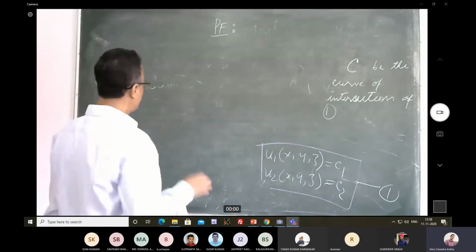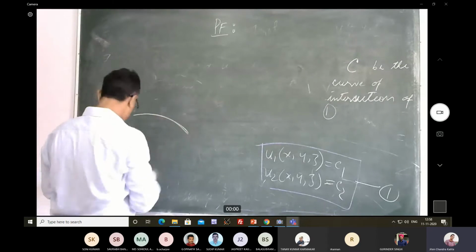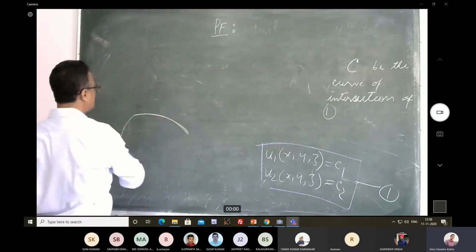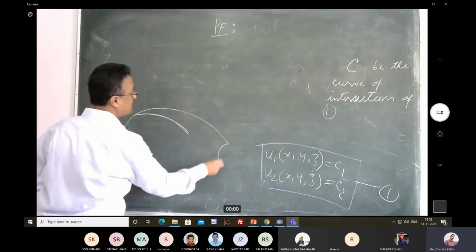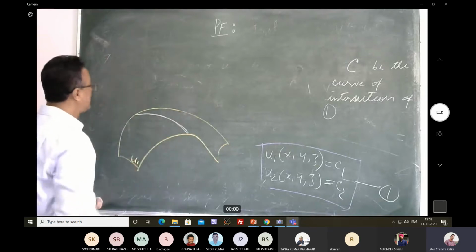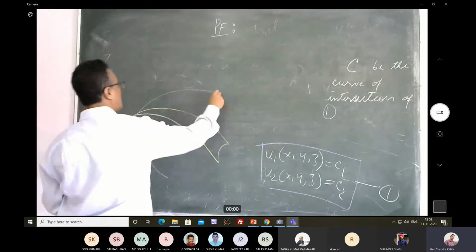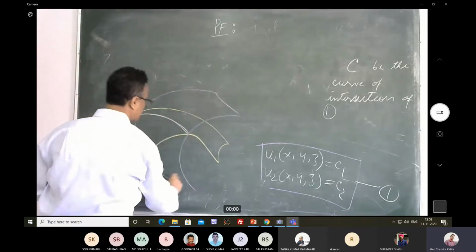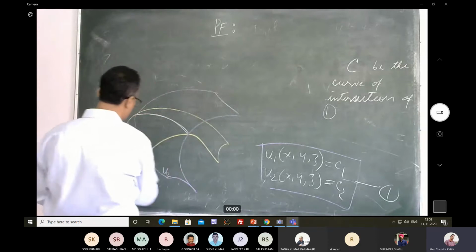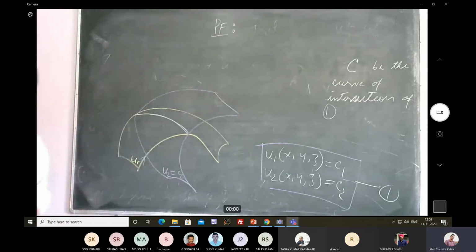Suppose this is the curve C. This curve lies on the surface U1, as well as on another surface U2. So this is U1 equal to C1, U2 equal to C2.